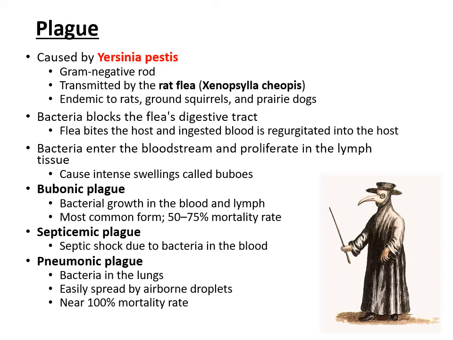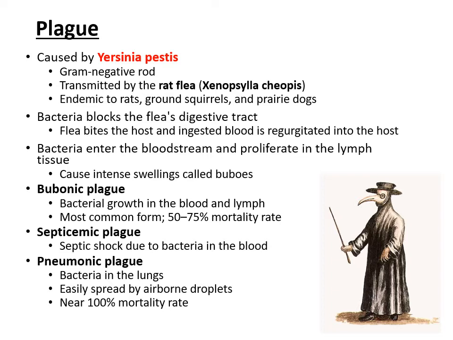And so what these doctors would do, that beak mask that he's wearing, that's filled with herbs and other things with smell to ward off smells, and because they thought that it was a filter for pathogens. So it's kind of like the masks that doctors wear today. They were trying to protect their own nose and mouth from getting infected. But like I said, it also was filled with herbs for the smell of all of the disease and infection that was caused by this problem.